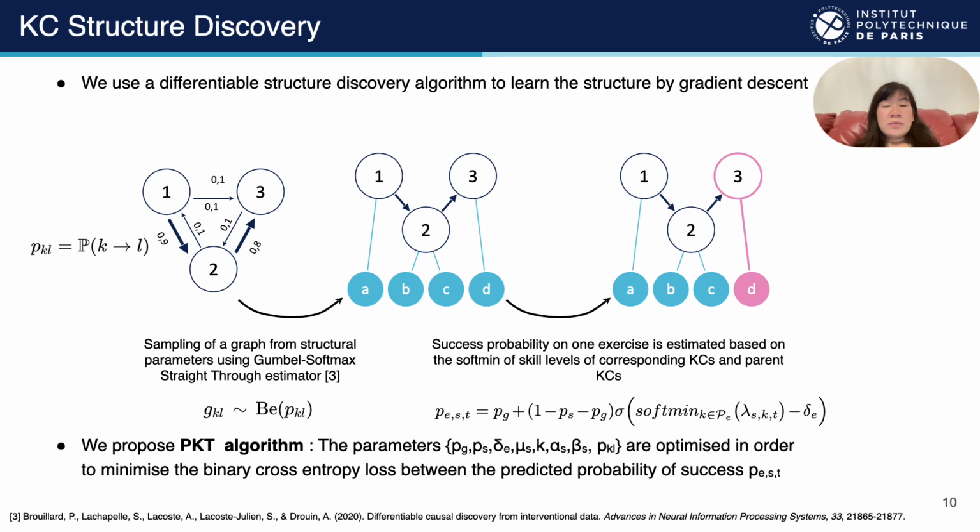So we propose here the algorithm PKT that is using some hyperparameters that can be optimized in order to minimize the binary cross entropy loss between the predicted probability of success and the observed success.